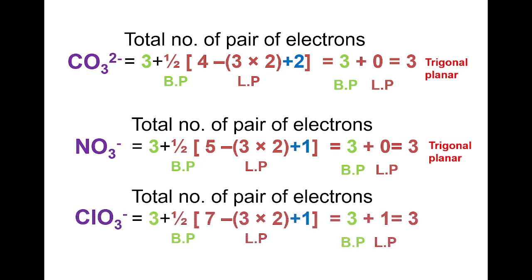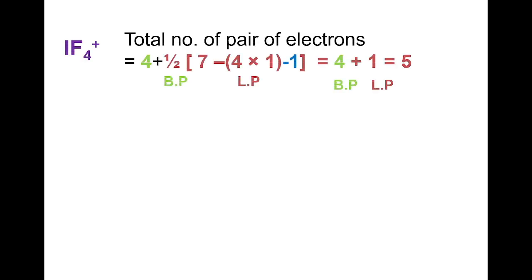If you look at the structure of ClO3 minus, here plus 1 will be there, we'll get 3 bond pairs, 1 lone pair. The shape will be trigonal pyramidal. Similarly, if you look at the structure of IF4 plus, here a plus charge is there, so here minus 1 will be subtracted. Iodine is the central atom, 4 fluorines are the surrounding atoms.